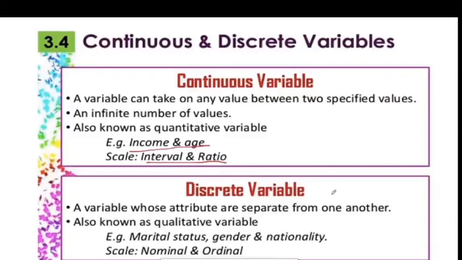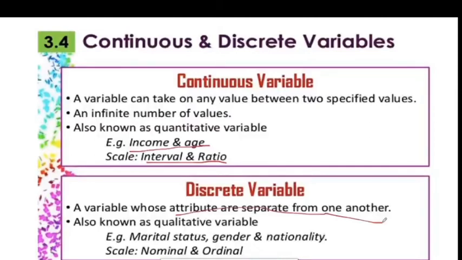But when you say discrete variable, it is separated from one another. Yung attribute mo is separated from one another. So very fixed siya. Hindi ka po pwedeng sa marital status mo. If someone would ask you, what's your marital status? You can't say, it's in between single and married. Because your discrete variable is fixed.